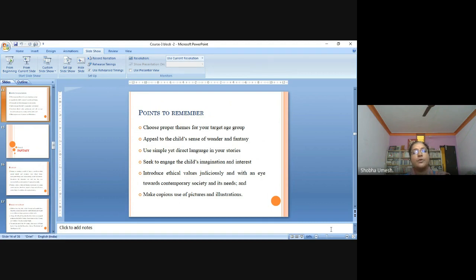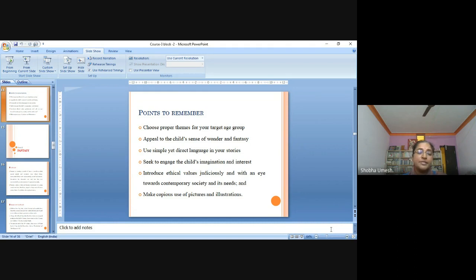When we decide to write a short story, we have to plan to whom we are writing, to what age group, what theme we can choose, and then decide the plot. We always have to be very careful about the theme for the target group we are selecting. And next comes the appeal to the child's sense of wonder and fantasy.